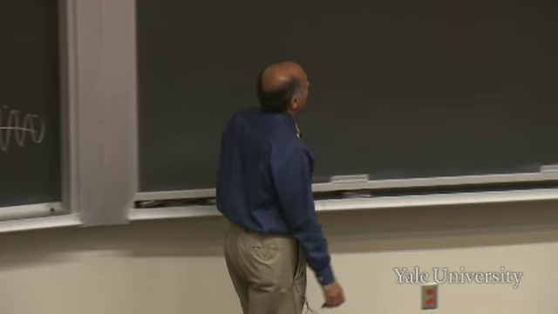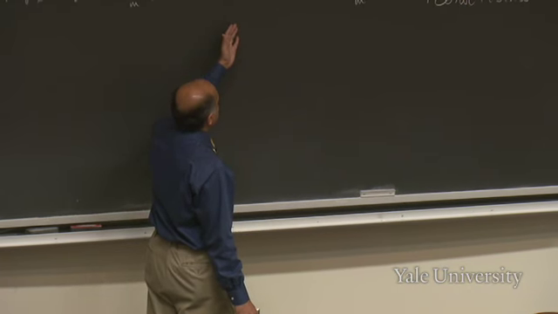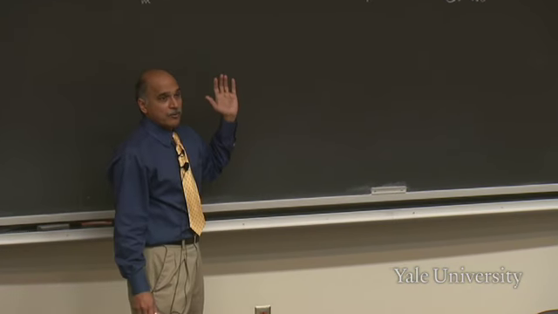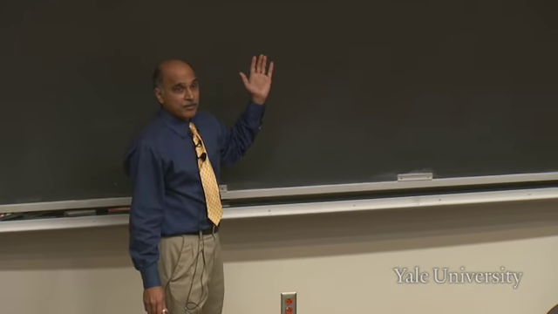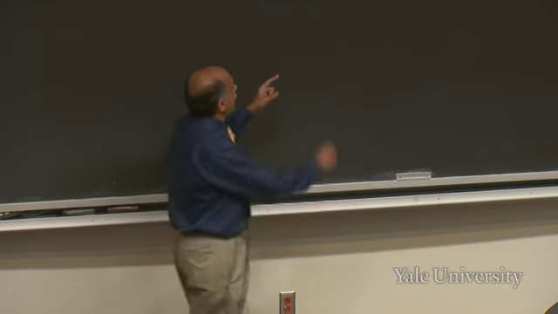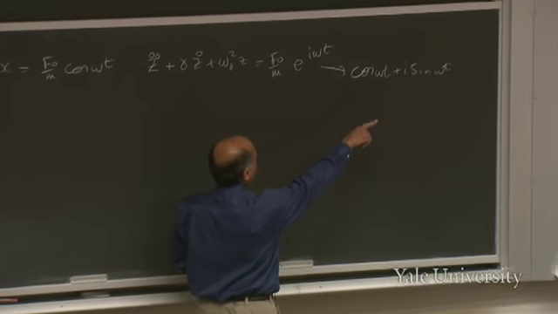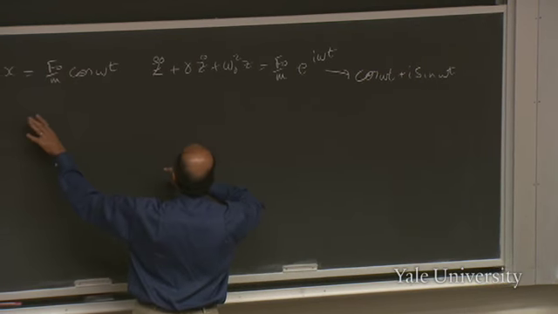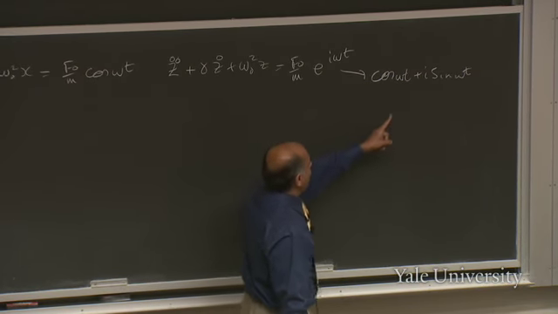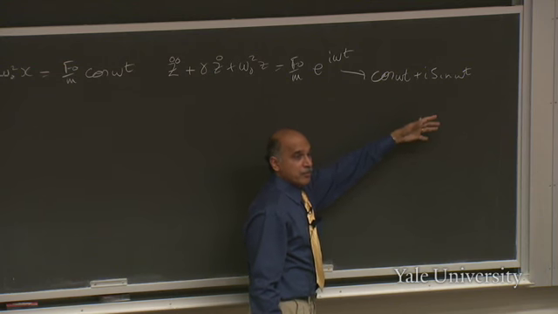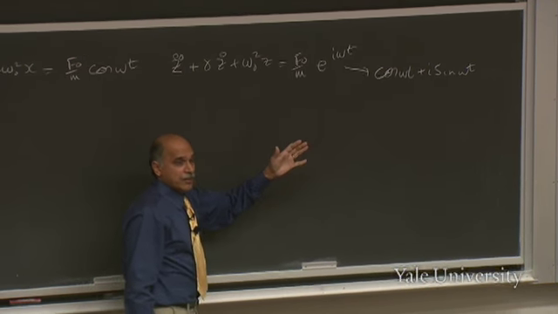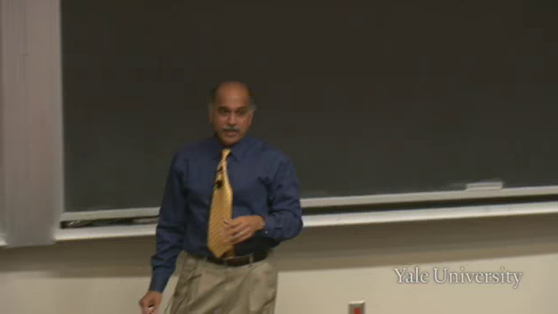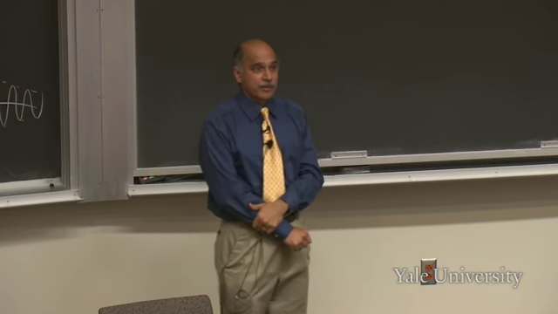Okay. But now the problem is, this is not the problem. No one told you to solve this problem. But our strategy is the following. The right-hand side has got a real force and imaginary force. The real force will produce the x that I want. The imaginary force, purely imaginary, i times sin omega t, will produce a purely imaginary answer. So at the end of the day, I will find the answer and keep only the real part.